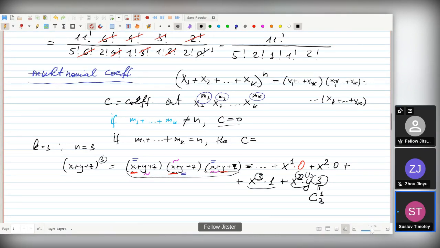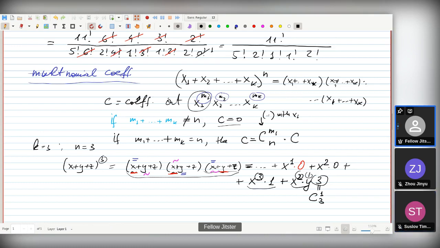Okay, maybe the number of ways we have to obtain x1 to the power m1, yeah? So we need to choose m1 brackets out of how many? From n. These are brackets from which we take x1. Is it clear? Yep.